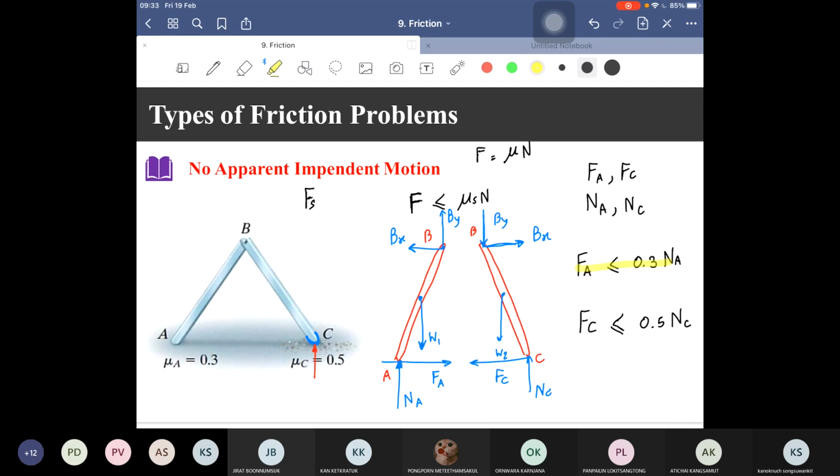Okay, so if these two conditions are satisfied, the system still remains in equilibrium, and it can be considered as no apparent impending motion.